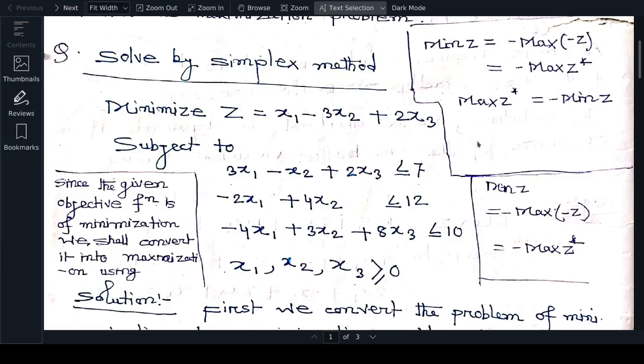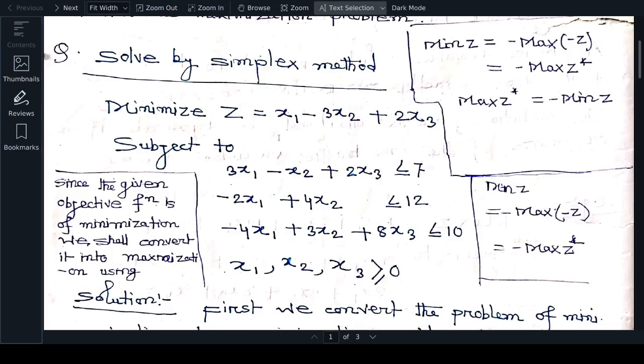Yes, sir. So here, first you see the objective function. Is the objective function maximization or minimization? Minimization.